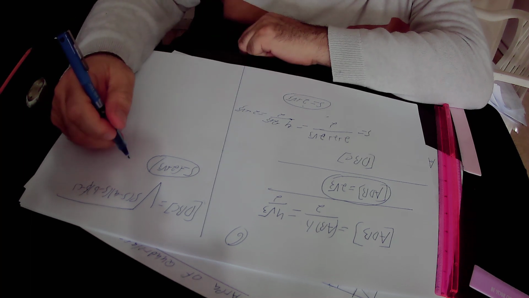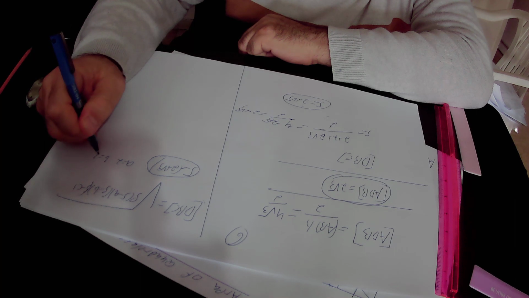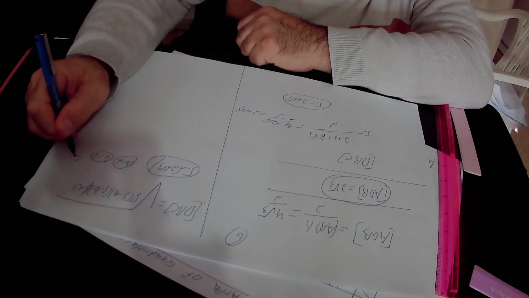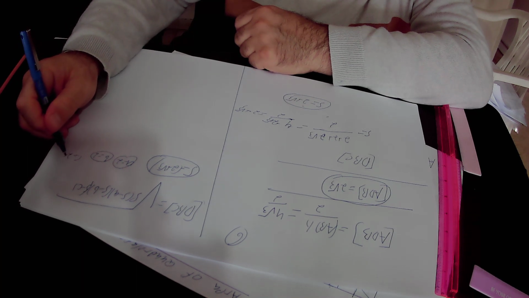And A equals 2 units, B equals 2 units, and C equals 2 times square root of 3 units.